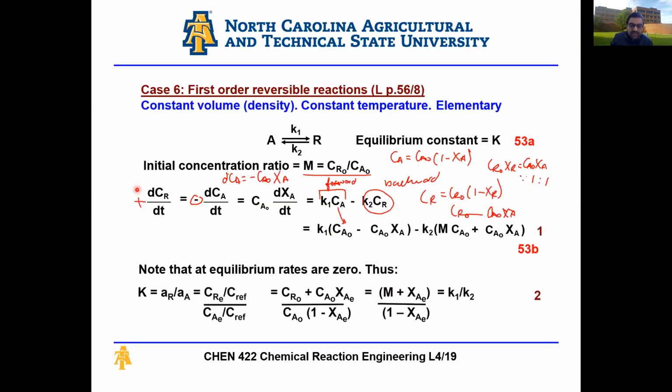So if I set dCR by dt equals 0, and I rewrite this expression, this is what you're going to get. So basically, you get that K1 divided by K2 is equal to CR naught plus CA naught multiplied by XAE, where E here refers to equilibrium conversion, and again, here is your equilibrium concentration as well, right?